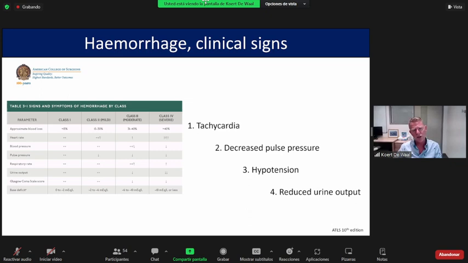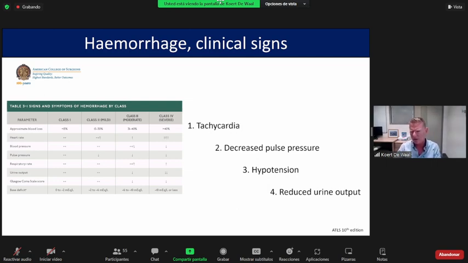So in the physiology and in the animal models, it would always start with tachycardia, then a decreased pulse pressure, where your mean blood pressure would probably still stay the same before you get a hypotension. And of course, if that persists, a reduced urine output. A couple of months back, we had a discussion about this, that some of my transport colleagues said, but I never see the tachycardia.